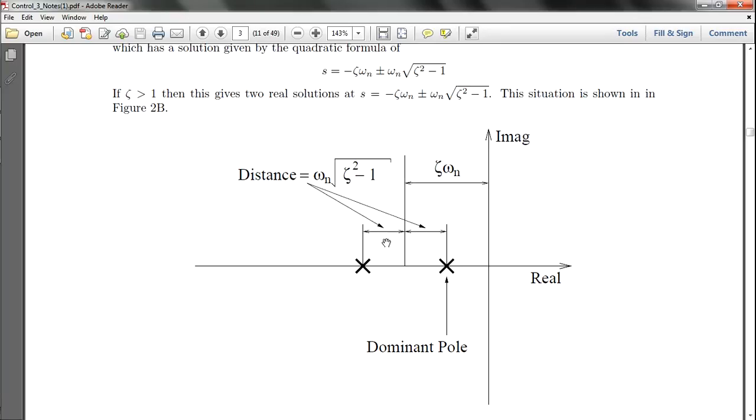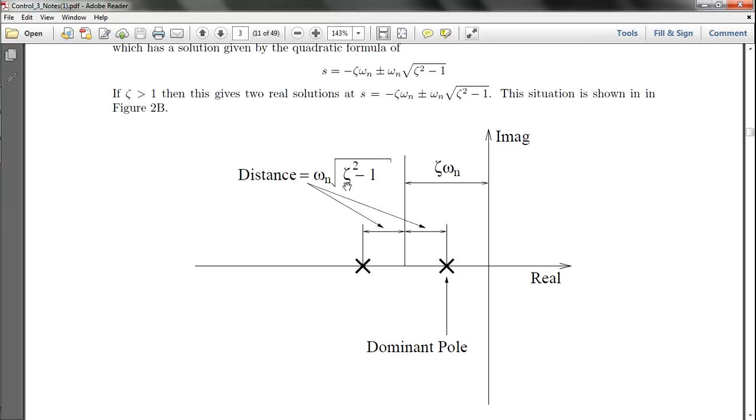The distance between these two poles is dependent on this equation. This is the portion over here, the difference between the two poles. So if the damping factor is not equal to 1, there will be a difference between the two poles.